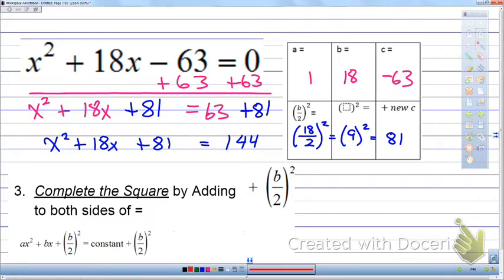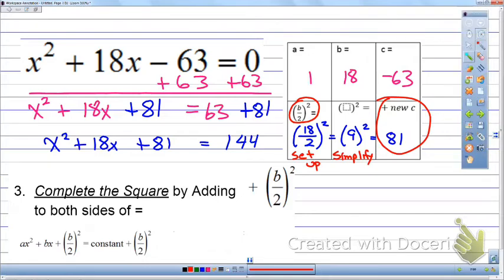So if b equals 18, I'm going to plug it in to b over 2 quantity squared in our graphic organizer set up in the first step. 18 over 2 quantity squared equals, simplify the quantity. 18 divided by 2 is 9 quantity squared, so we get 81. 81 is our new C value.